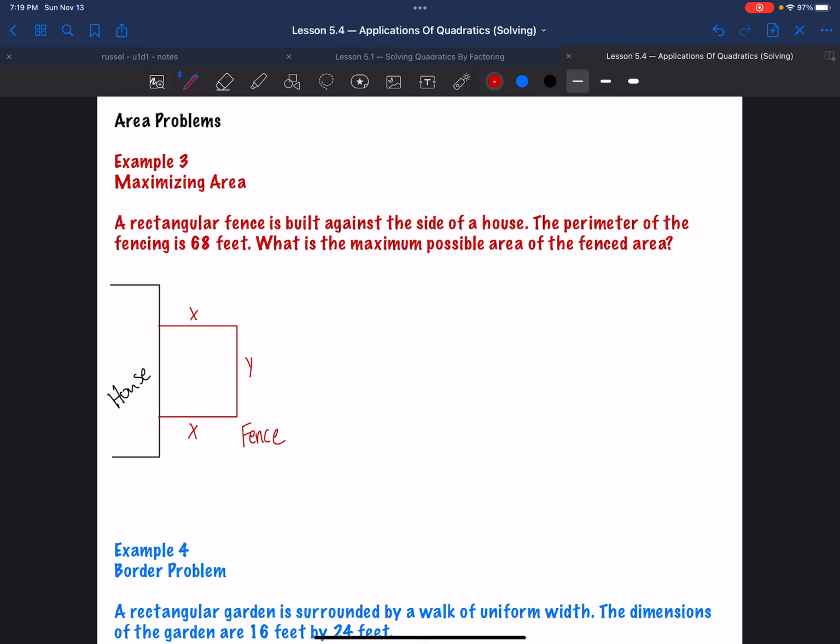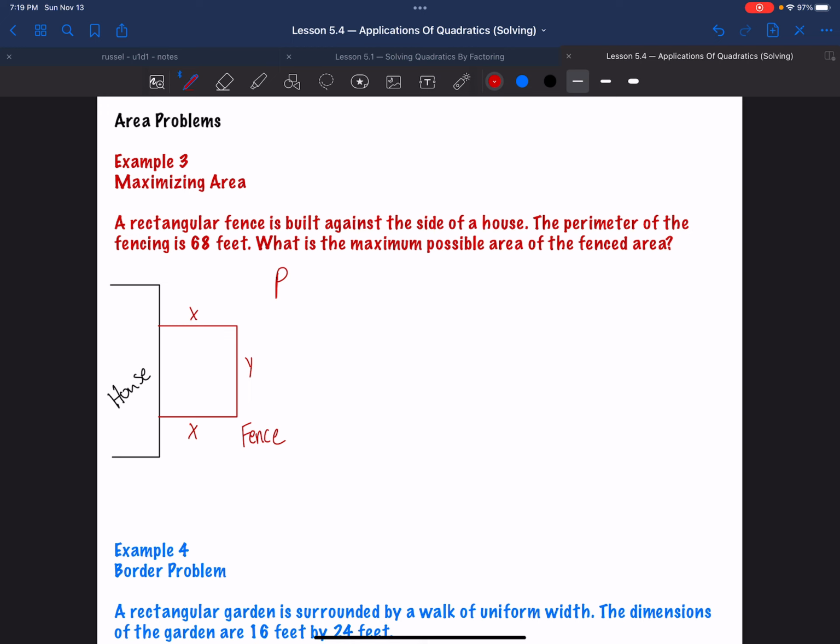Now, all this requires is an understanding of what perimeter and area are. Perimeter is just the sum of the outside lengths. It's the length all the way around a shape.